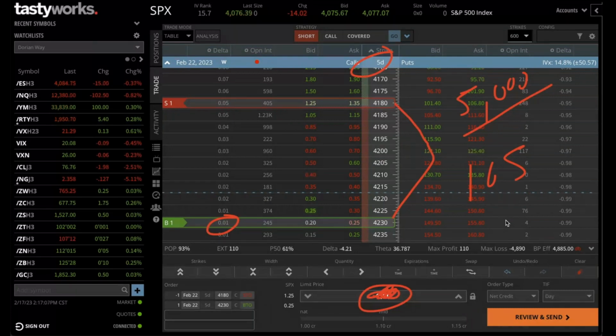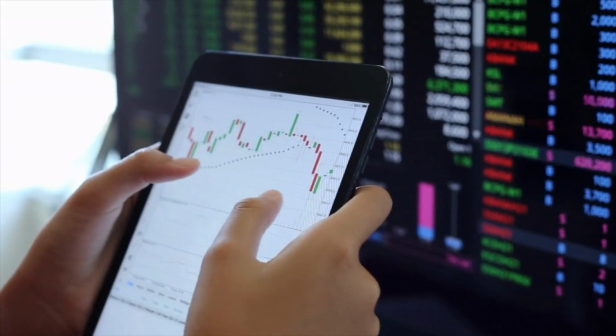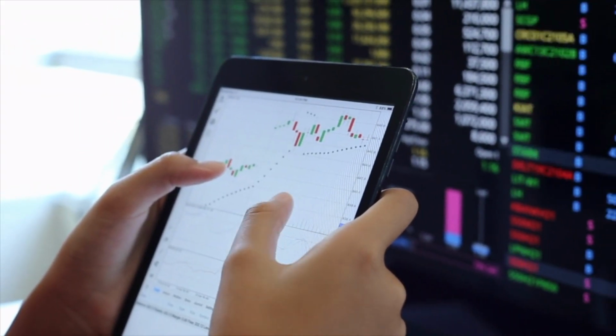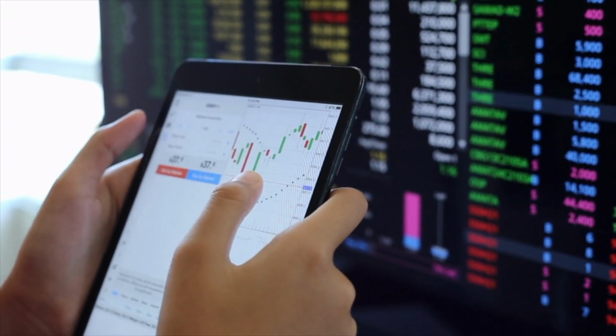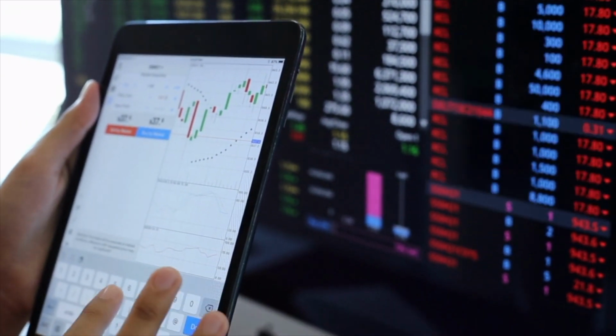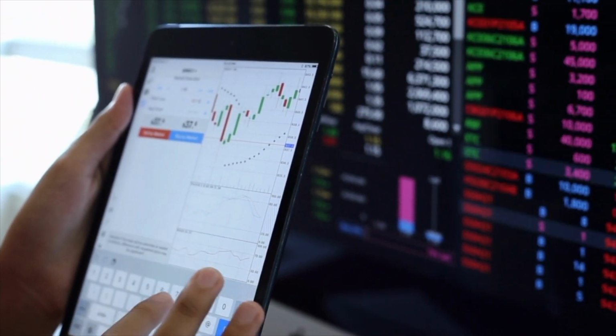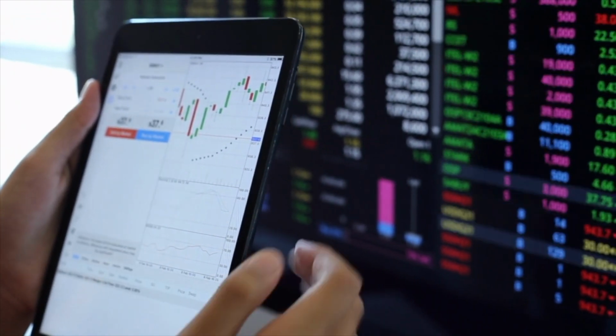So if you are, let's just say, Judy, looking to do a spread like this, if you do the put side, and if you keep the spread the same width as the call side or less, then it's not going to require any additional buying power. Okay?